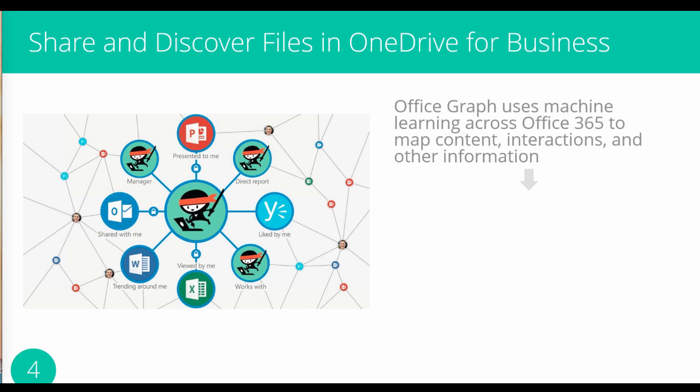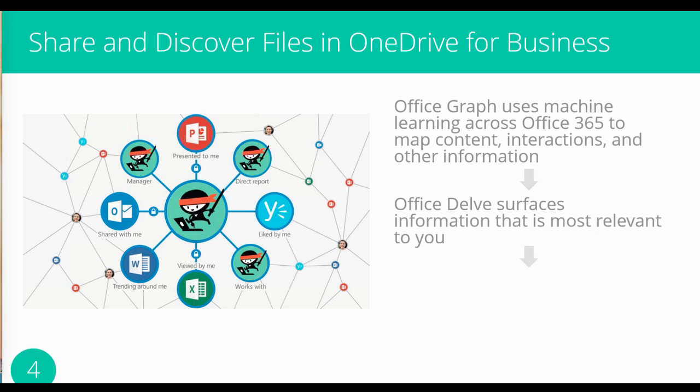Office Graph is what's behind Delve, and it's Microsoft's machine learning technology that reaches across Office 365, maps out content, interactions, information, and surfaces what is relevant. So that sounds a little subjective. What does that mean? It does get smarter as you use the tool more and more.